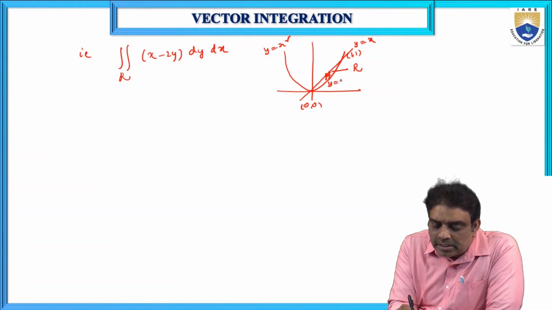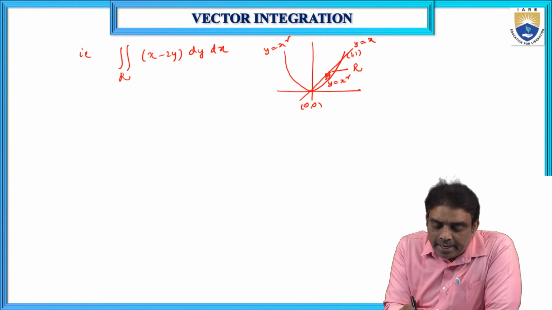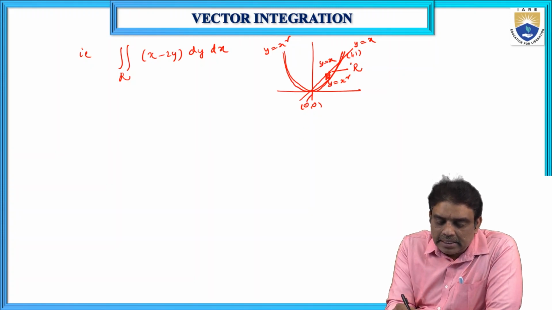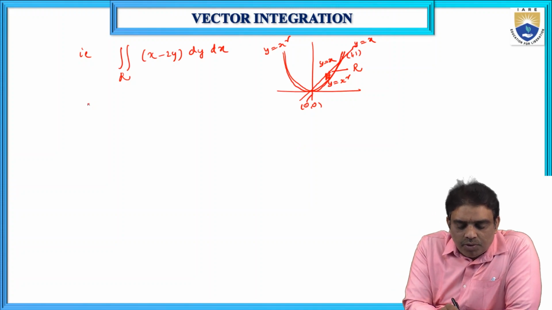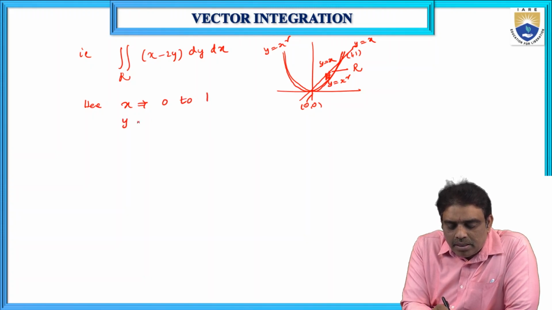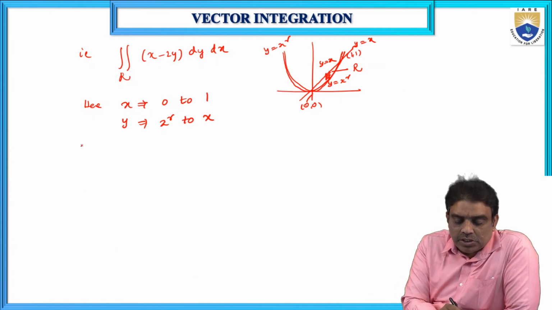The lower edge of the strip is on the curve y is equal to x square. So the lower limit for y is x square and the upper limit is x, and the x limit is 0 to 1. Therefore x varies from 0 to 1 and y varies from x square to x.